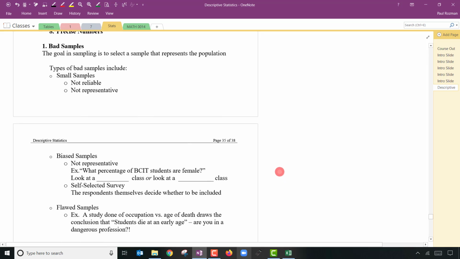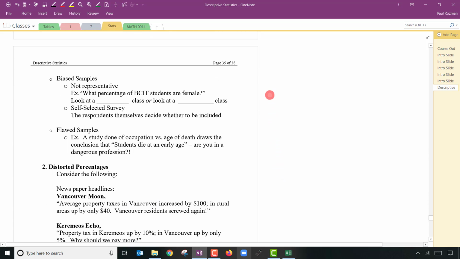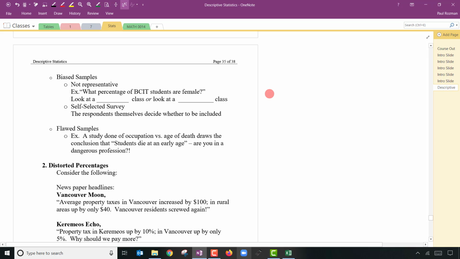I have some exaggerated examples in here, mostly to make fun of this. But if I ask what percentage of BCIT students are female, and I look at an engineering class versus a nursing class, those samples would probably not be the best way to evaluate how many students on campus are female.